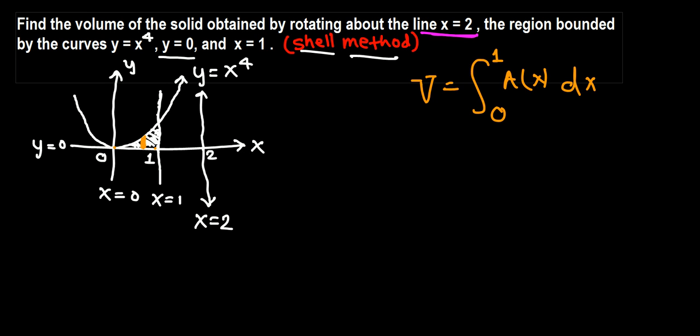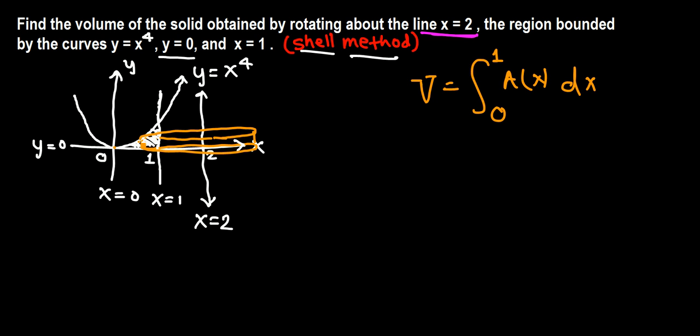When we rotate this small sample rectangle about this line, we'll get a cylinder, just the shell of the cylinder. Let me draw it over here.